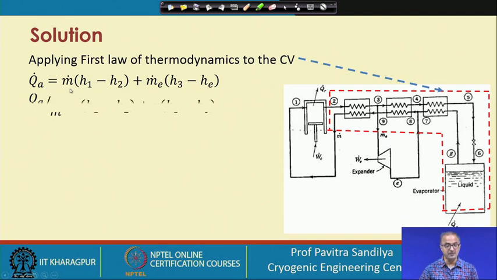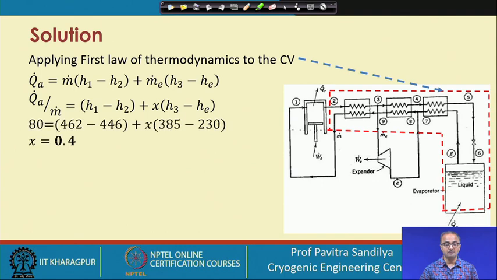When we divide by m dot, we obtain this, and this m_e dot by m dot is the x, which we have to determine. So we plug in the values of the various enthalpies in this equation, and we get this x as 0.4. That means we have to divert 40% of the actual mass flow from the mainstream to the expander to obtain the given amount of refrigeration.